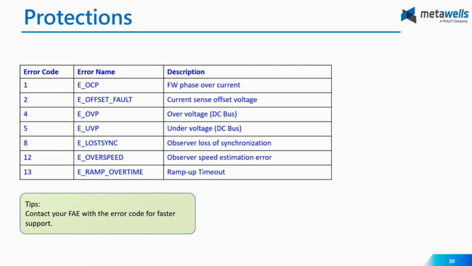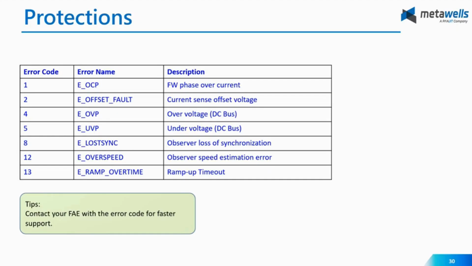Okay. Let's talk about protections. We also have to highlight this part. Protections play a very crucial role in the system architecture. First, they help prevent hardware damage. Second, they act as a safeguard in case of algorithm failure.